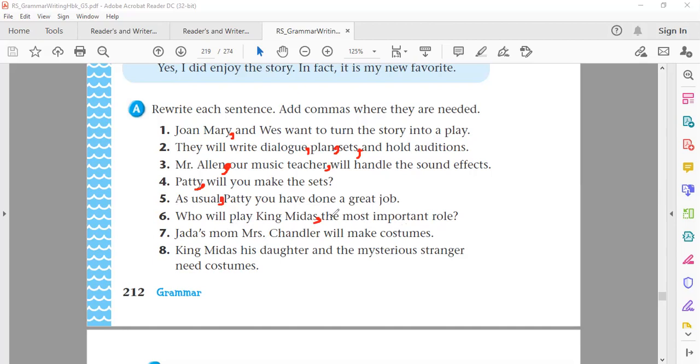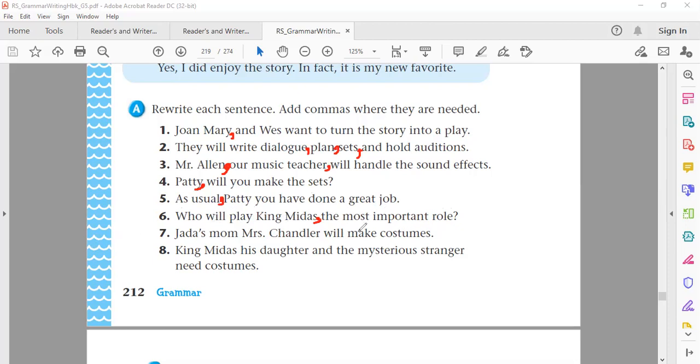The dependent clause is this one, the most important role. If I read it alone, it wouldn't make a sentence. It needs another part. The first part is the independent. I could stop only to say who will play King Midas and stop right here. But I wanted to add more information, so I put a comma between them.